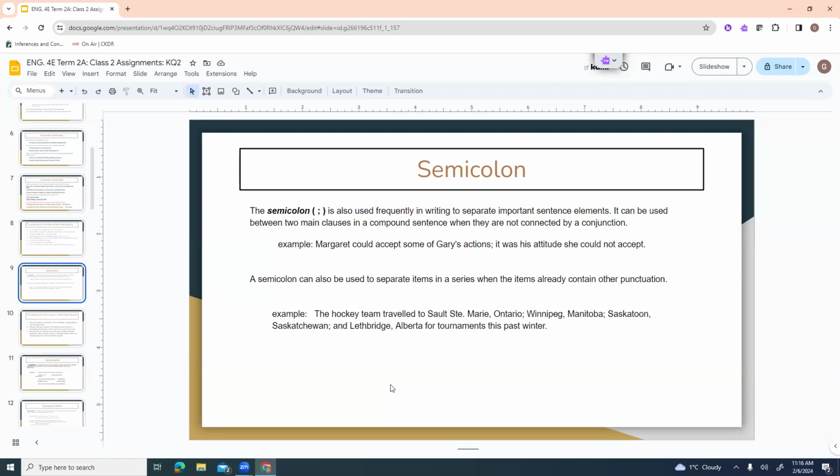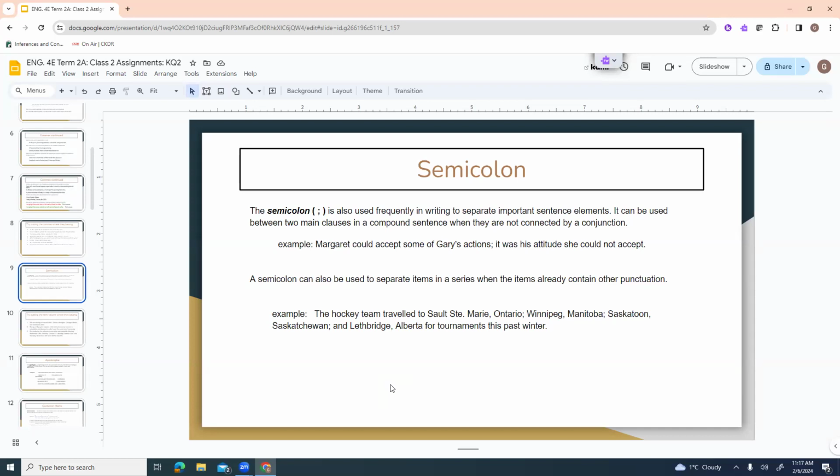So: Margaret could accept some of Gary's actions; it was his attitude she could not accept. Now I could put just a comma, but it was his attitude she could not accept. This is also valid. So sometimes people could see this and think it's just a comma. Nope, it's a semicolon. You can join two sentences with a semicolon. Again, they should be sort of connected in their topic. Here, they're both talking about Margaret and her relationship with Gary, basically.